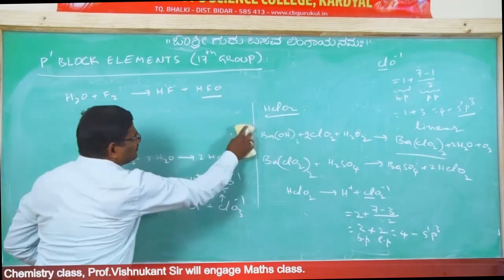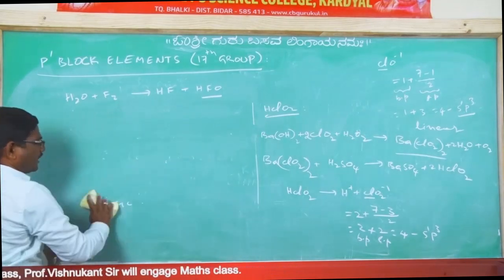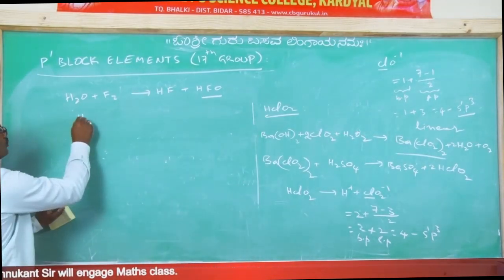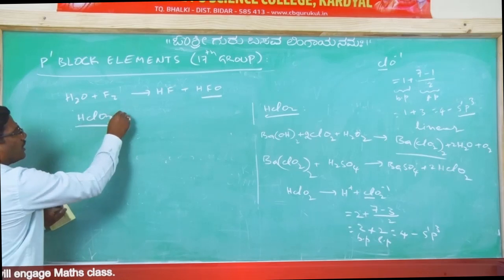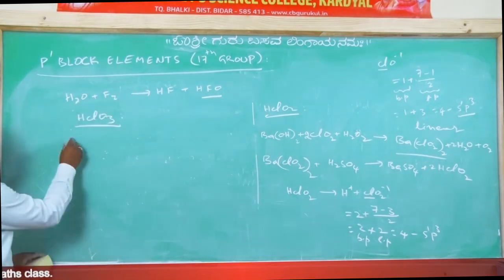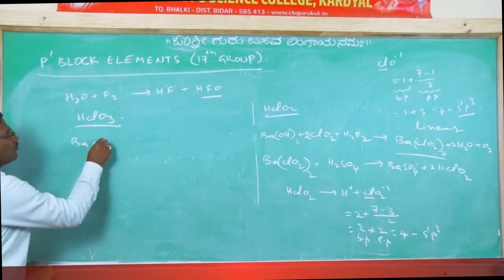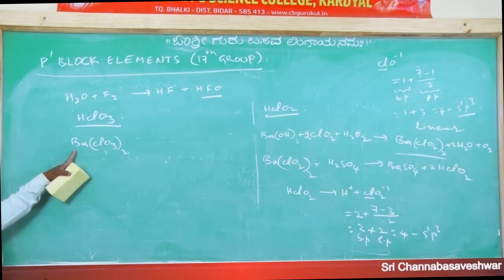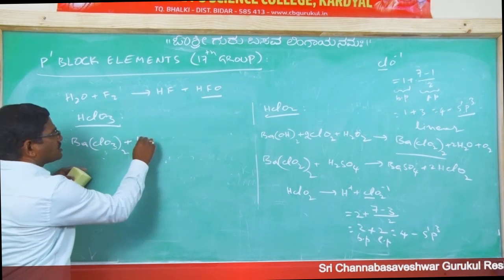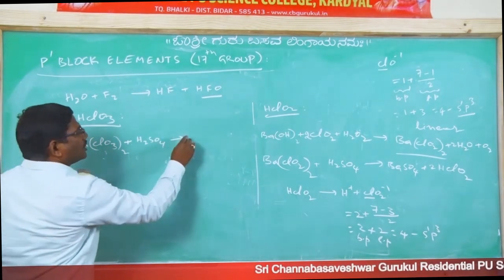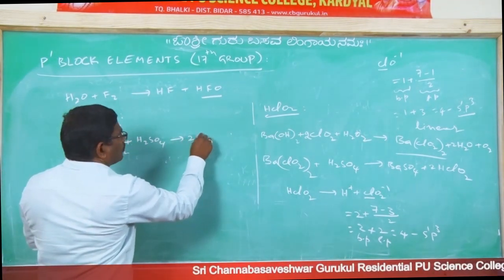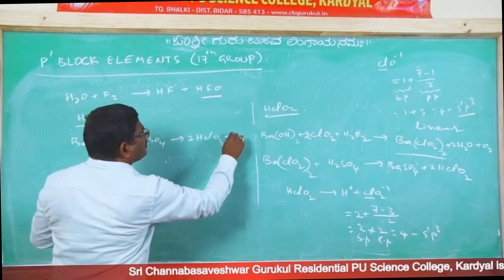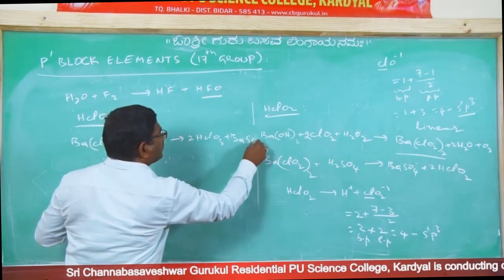And next, chloric acid, HClO3, chloric acid. This chloric acid is prepared directly when barium chlorate reacts with sulfuric acid, converting into chloric acid with barium sulfate.